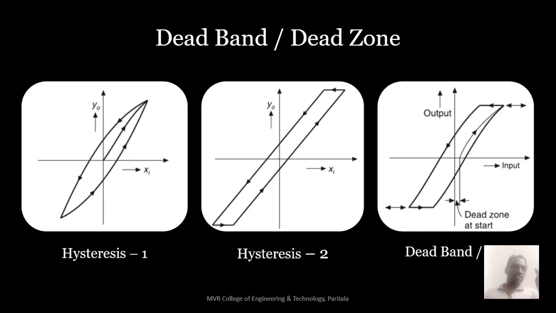Thereafter it reached the maximum value, then came back into the negative values, reached the negative maximum value, and thereafter reached the full scale maximum value. But at the starting time, it took some time to respond, and that is called the dead zone. The response difference is called the threshold.